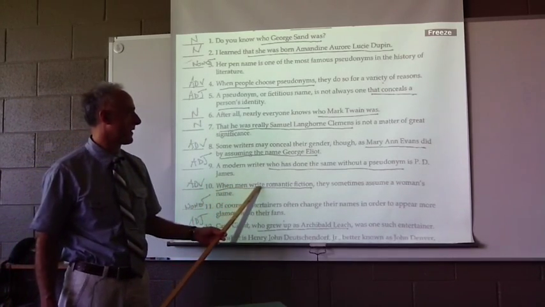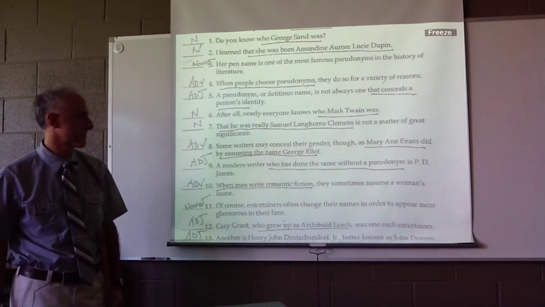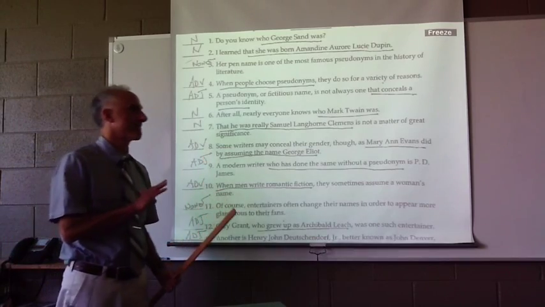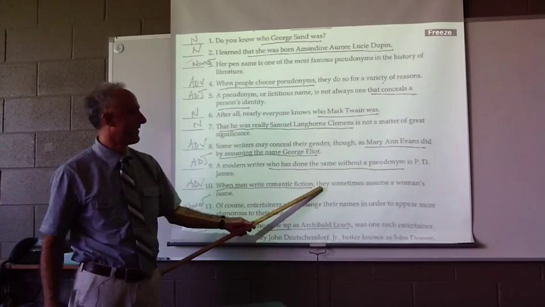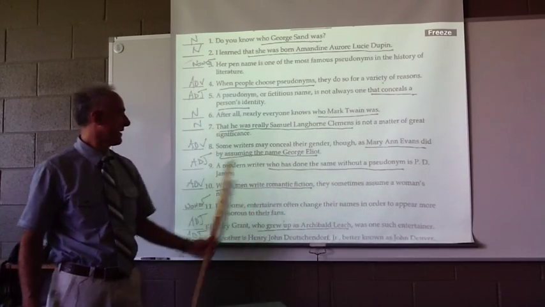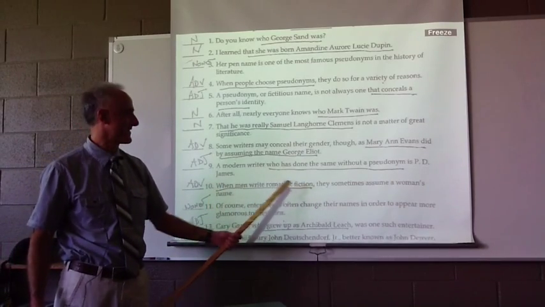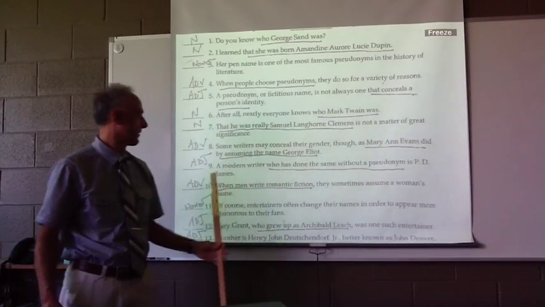When men write romance fiction, they sometimes assume a woman's name. They sometimes assume a woman's name is my independent clause. This is a subordinate clause, obviously, and it's modifying assume, all right?